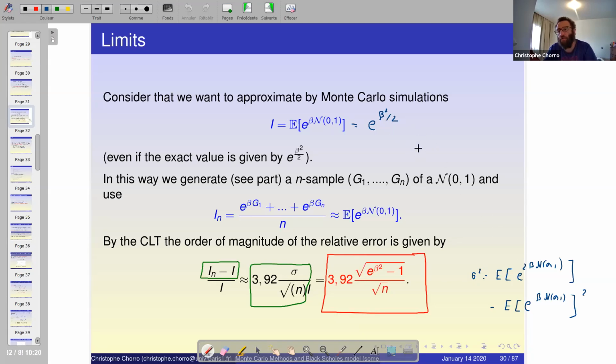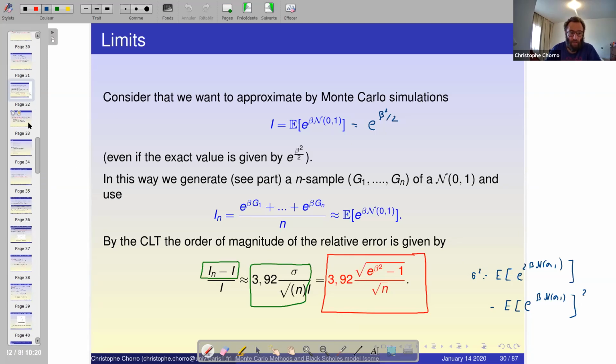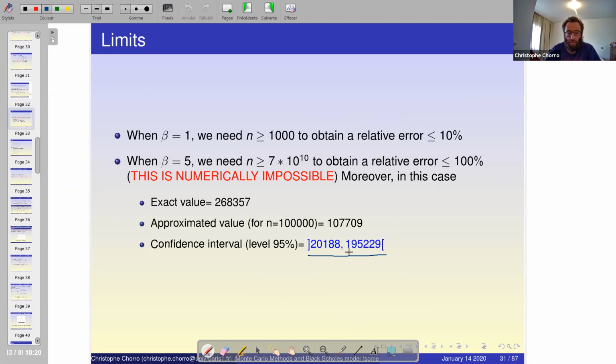So if I increase my beta a little bit, since I have an exponential, I will have an explosion of sigma that won't allow me to use the Monte Carlo method to approximate, I repeat, something that I am able to compute very easily. So I have a sigma that is too big, and even in this very basic situation, it's not possible for me to use Monte Carlo methods.